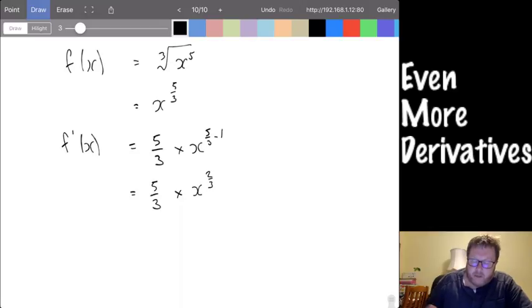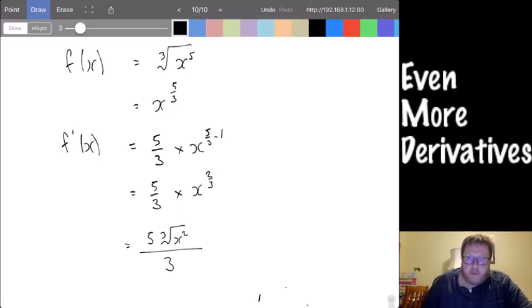And now I'm just going to change it back with my root notation. So that's equal to 5, and x to the power of 2/3, it's already positive, so it stays on top. So that's 5 cube root x squared over 3. So a bit horrible looking, but nevertheless that's the derivative.